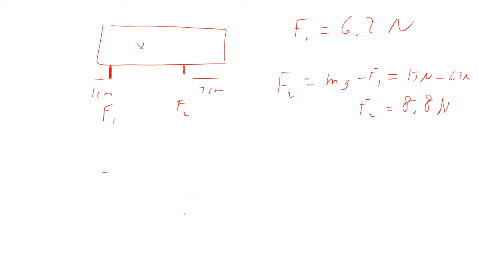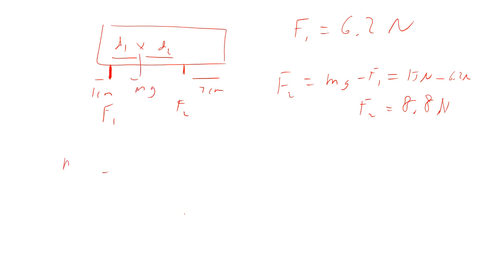But now we have another problem, and the other problem now is that I don't know where the center of mass is. So I want to find the center of mass. And so I look at it and say, well, I can do the same thing. I can say this distance to the center of mass is d1, that's d2 right here. And so this is going to be mg pulling down right here.